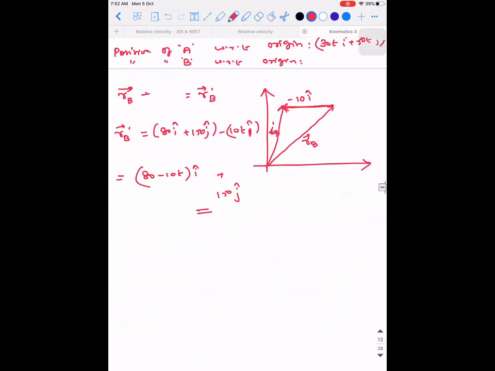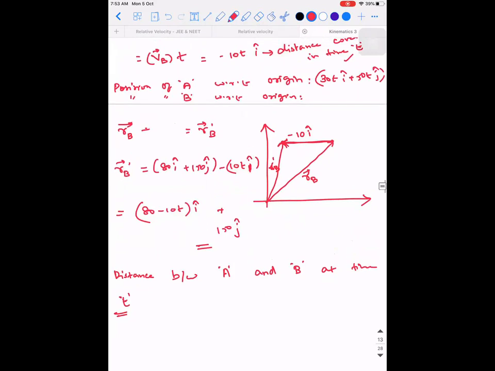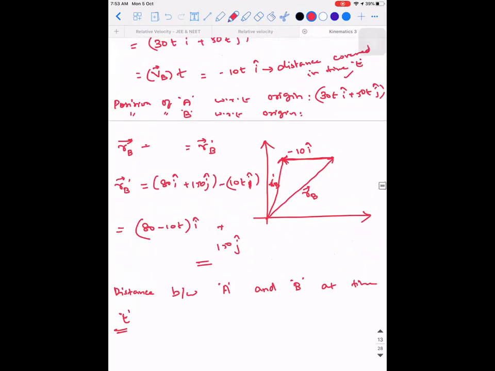Now, what is the distance between A and B at time t? See, the coordinates of the point A are 30t, 50t.